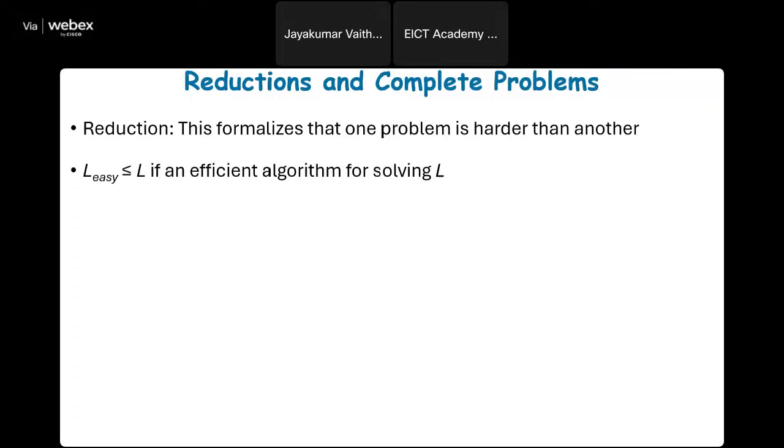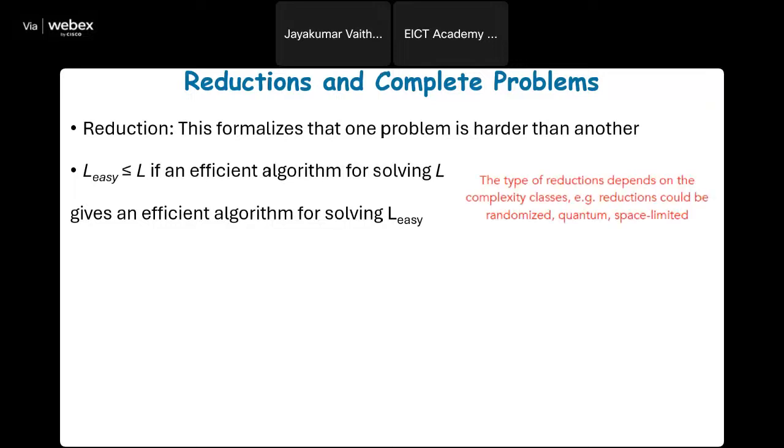So you can divide a harder problem into an easier one. An easier problem will take fewer resources when compared to a large problem, right? If you have an algorithm which is able to solve in the L easy classification, we are able to reduce the complexity.